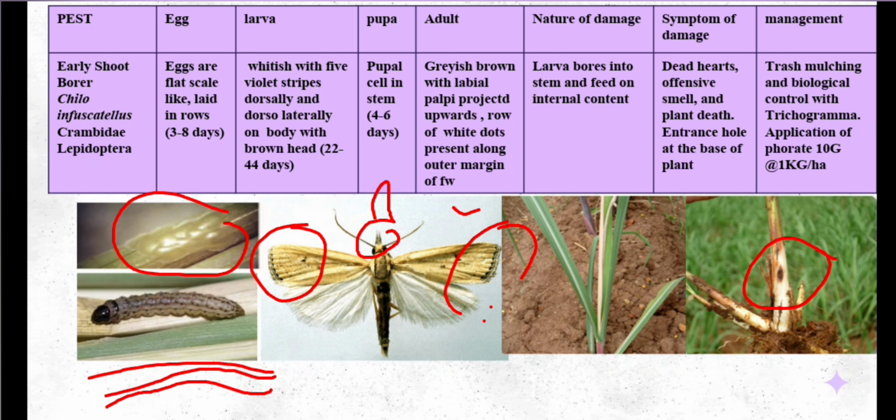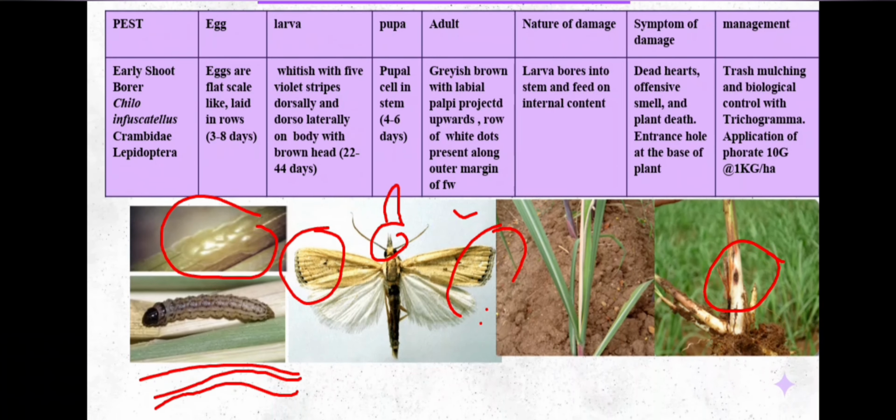To manage this pest, you can do trash mulching, that means you can mulch the crop with dried leaves. And biological control with Trichogramma application, or application of 4-10G at the rate of 1 kg per hectare. So this is about the early shoot borer.